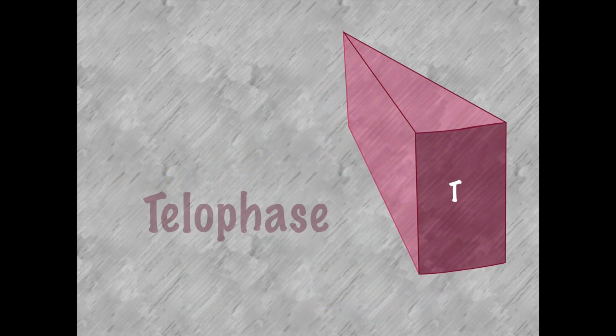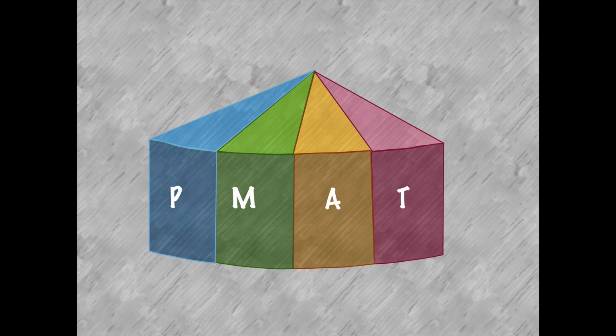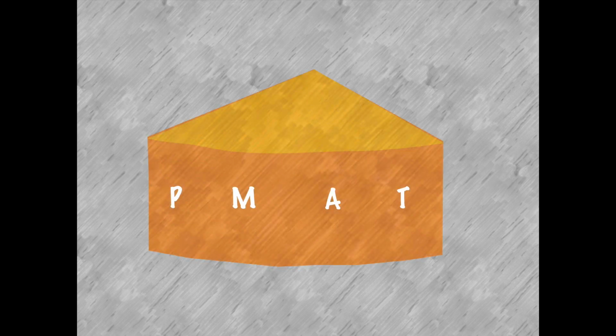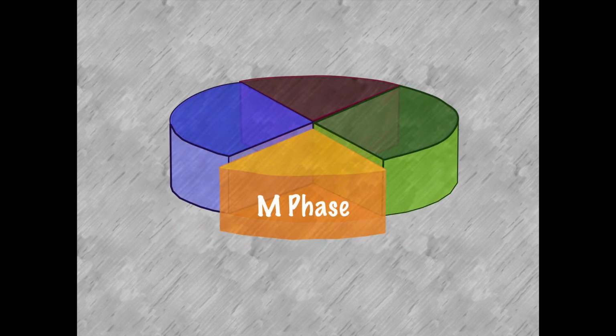And again, we're going to make a video detailing each one of these components in mitosis, PMAT, in great detail. So for now, we're just getting an overview of the cell cycle. And again, the PMAT put together makes up mitosis, the M phase, that is a small portion of the whole cell cycle.